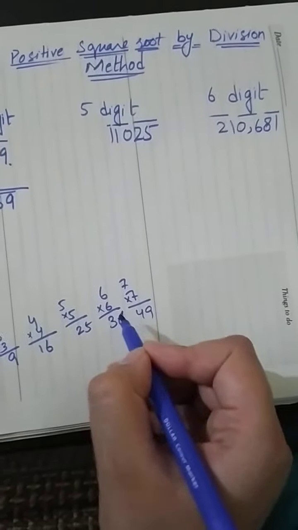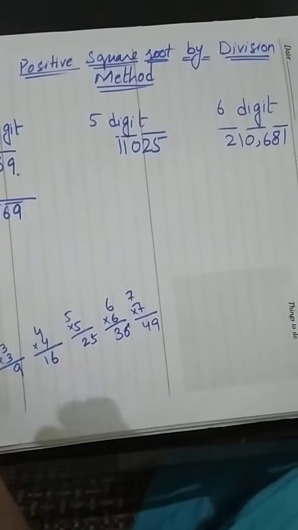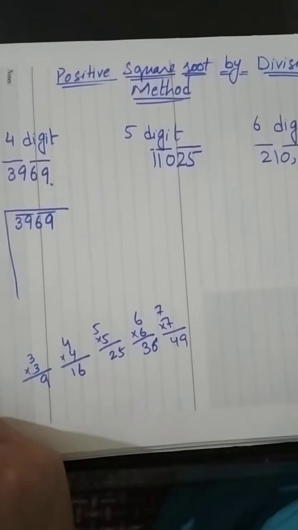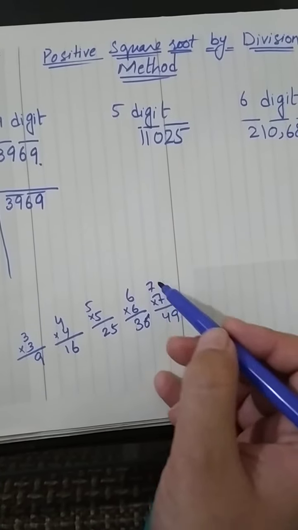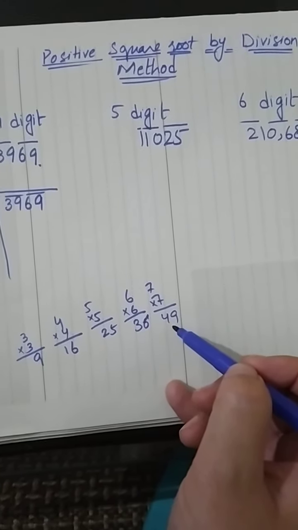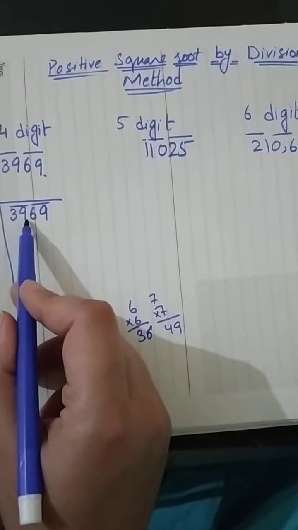You see that 39 is not a perfect square of any value, so I am taking 6 6s are 36, because 7 7s are 49, which is greater than 39.